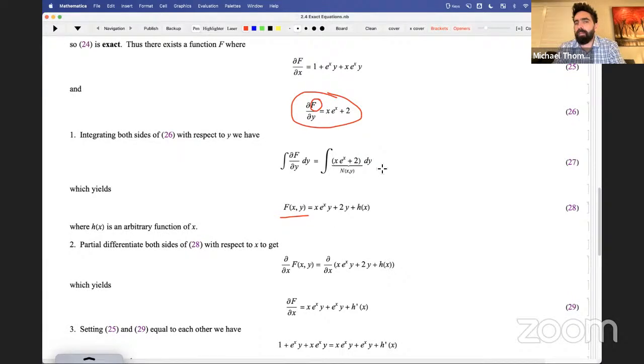And then on the right, you're integrating with respect to y. So at first I thought that was going to be a little difficult, but that's a constant. So this works out fairly nicely. It's x e to the xy plus 2y and then plus some arbitrary function of x. This is your arbitrary constant, which gets absorbed from both sides.